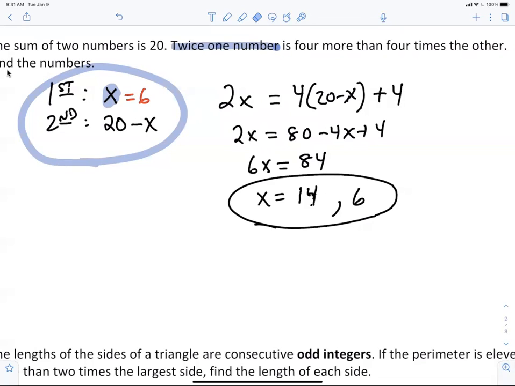I'm confused on the same thing because wouldn't it be like -4 from 80? It's plus 4. Yeah, but if it's already +4. So I'm adding 80 plus 4. They're on the same side of the equation, so you add.